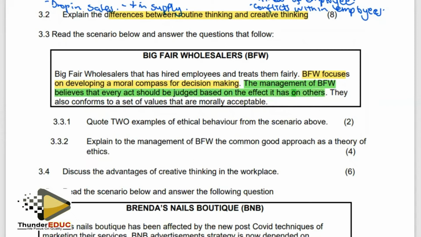Look at this, very interesting. Besides that, they also conform to a set of values that are morally acceptable.